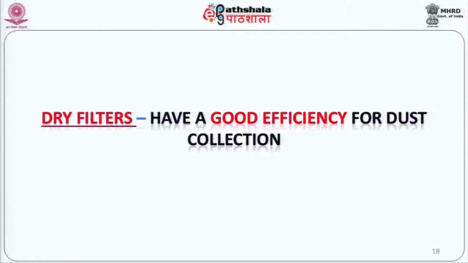Now, if the same filter needs to have a slightly higher efficiency, one can coat it with an oil, one can coat it with some media, and then this is called a viscous filter. In other words, you have an improvement in efficiency and slightly greater holding capacity.